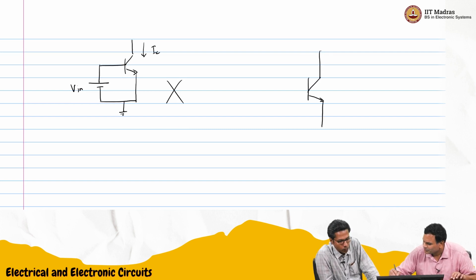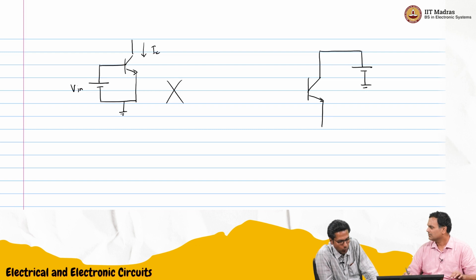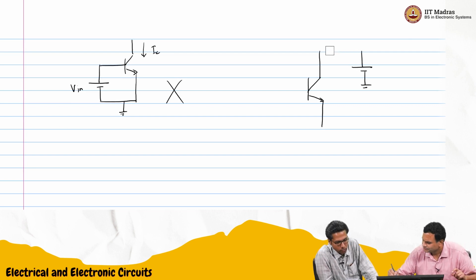So what I will do, shall I connect a battery here? I'll connect it like this to start with. In fact, I can connect a resistor also there. Nothing wrong in connecting a resistor.